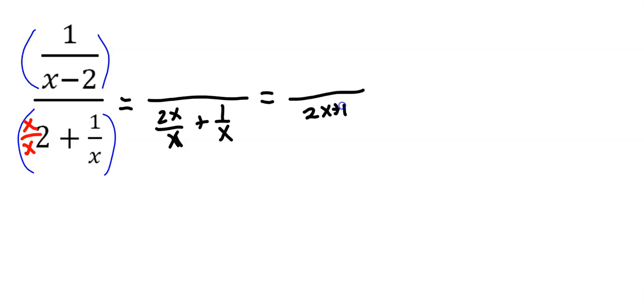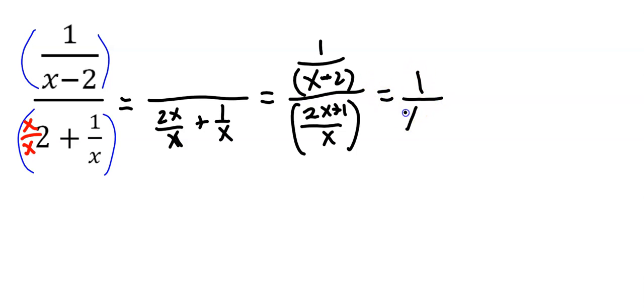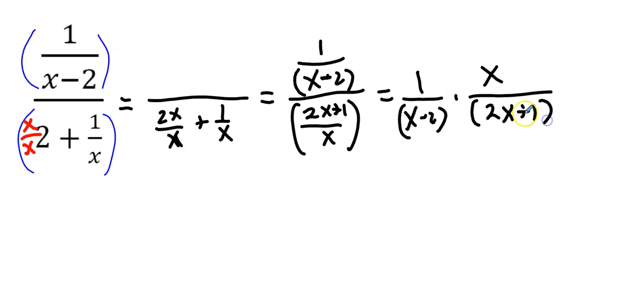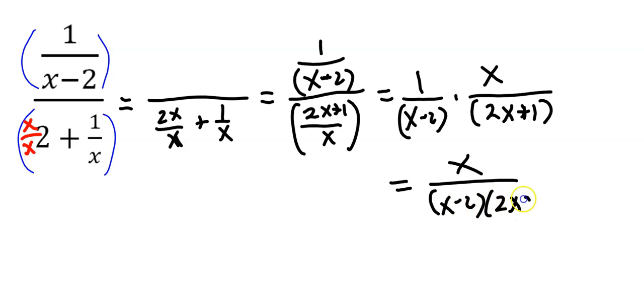You have 2x plus 1 over x, which is actually not bad now because our numerator was 1 over x minus 2. And so now we can do our trick of 1 over x minus 2 times the reciprocal of that guy, which is x over 2x plus 1. Unfortunately, nothing cancels here. So you're just left with x over x minus 2 times 2x plus 1. But at least we got rid of the complex part of the fraction.